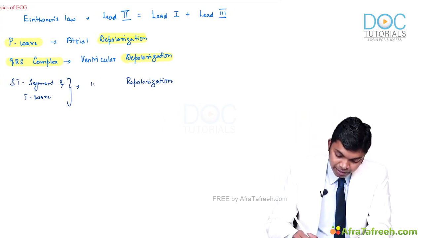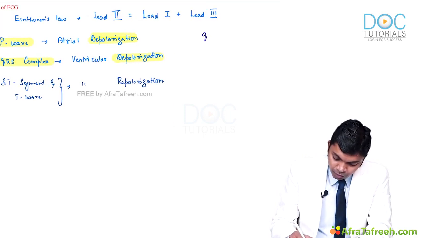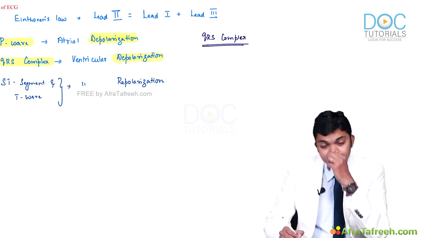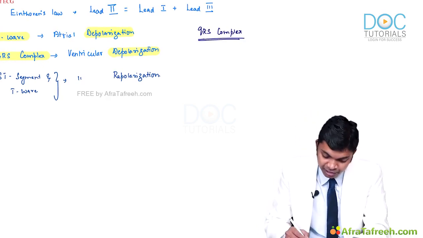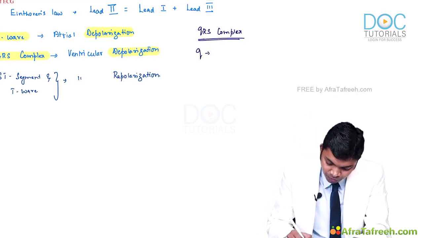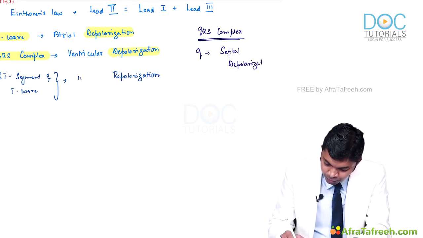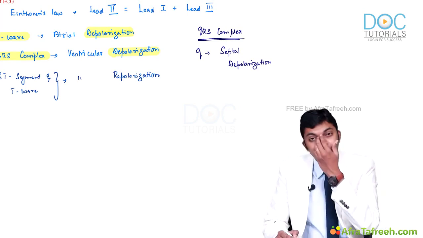Now let us get to know the fact here, doctors. Take the QRS complex first. The whole QRS complex represents ventricular depolarization, out of which the Q wave alone represents septal depolarization.